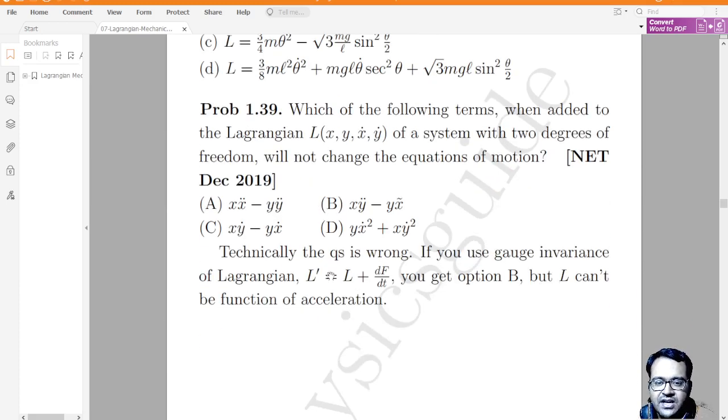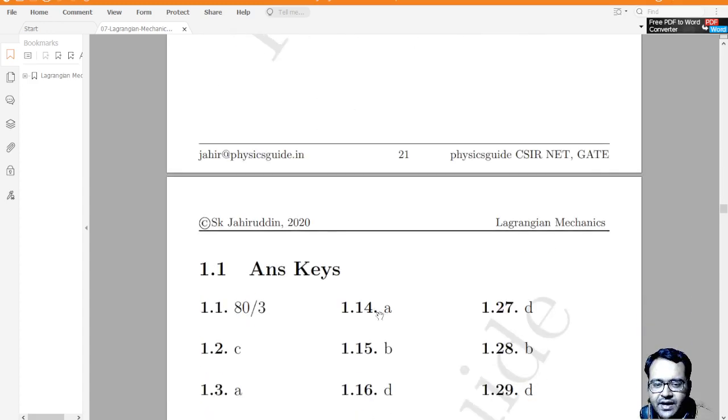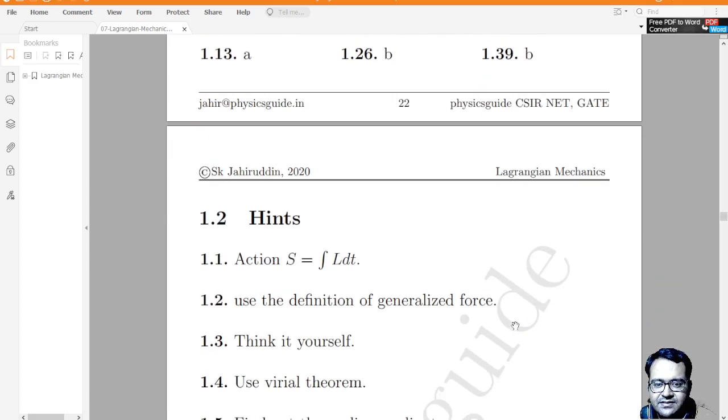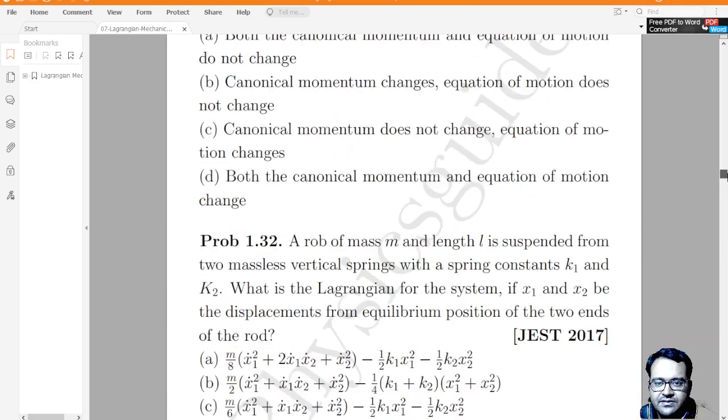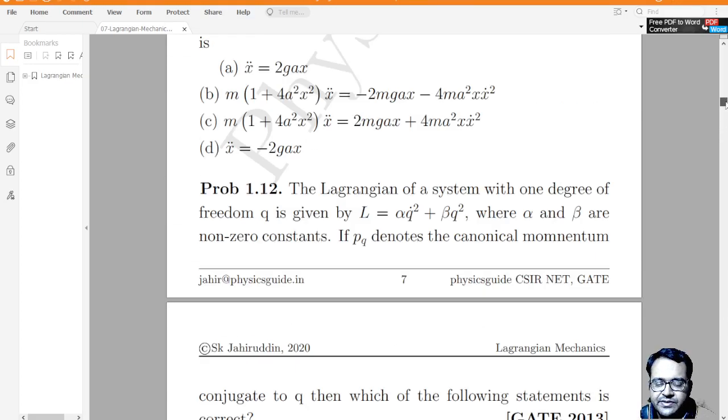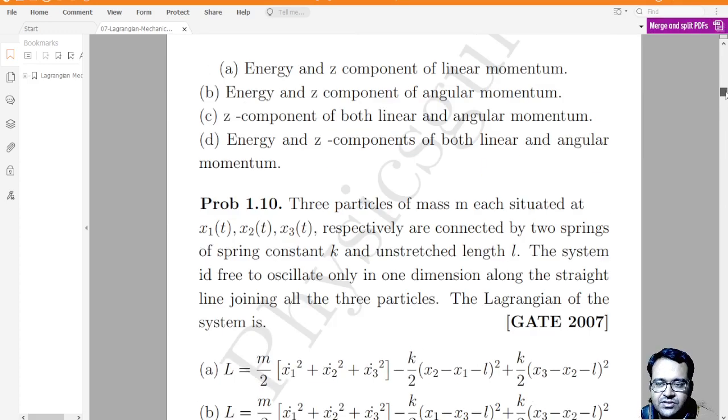This question is technically wrong, but I understood what the paper setters wanted. I have tried to give the answer keys, some solutions. Sandeep worked on the solutions beautifully. Both together we did, Sandeep did the solution part. Sandeep's contribution is more than mine.